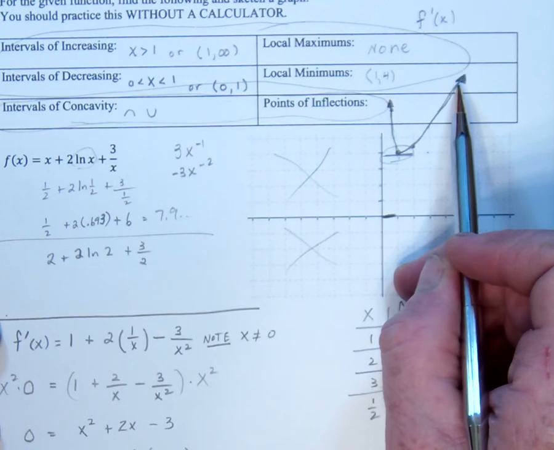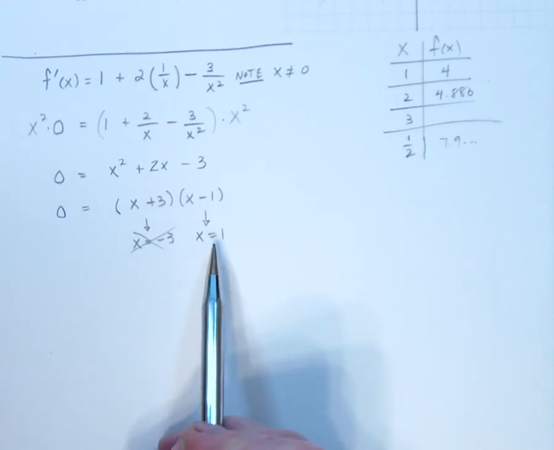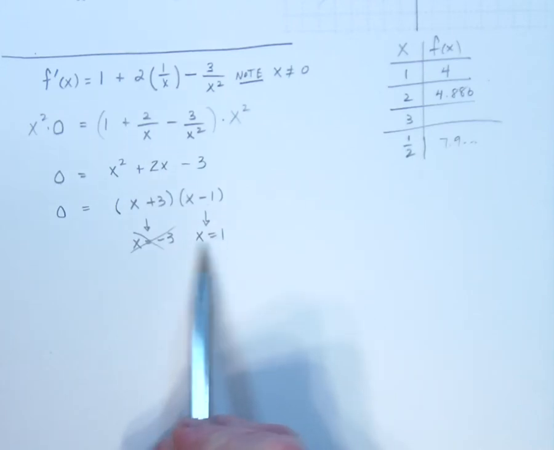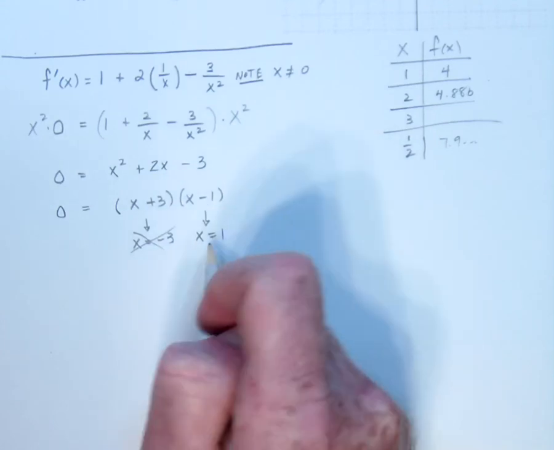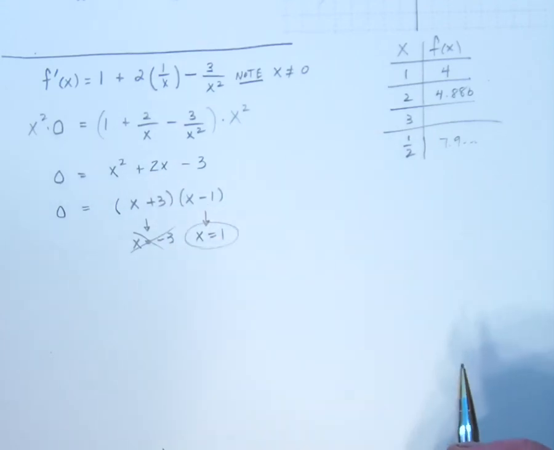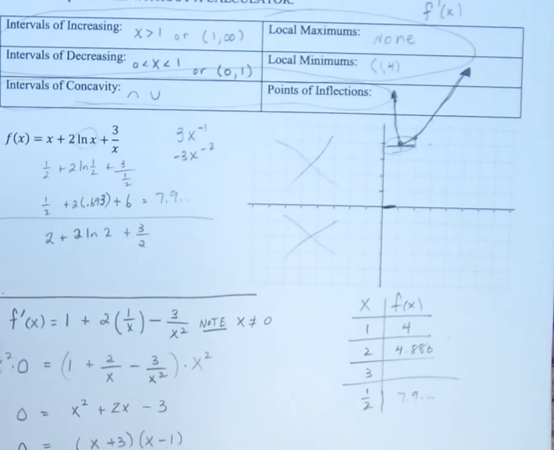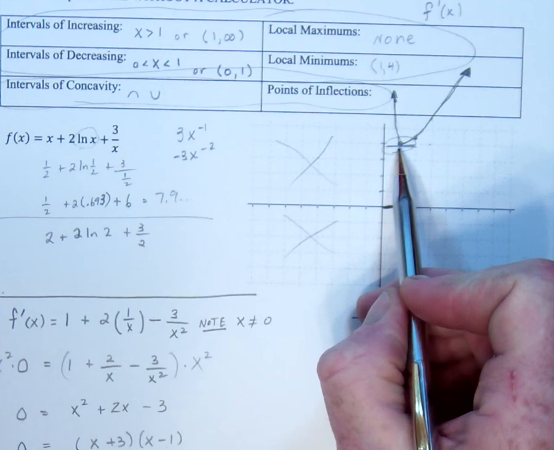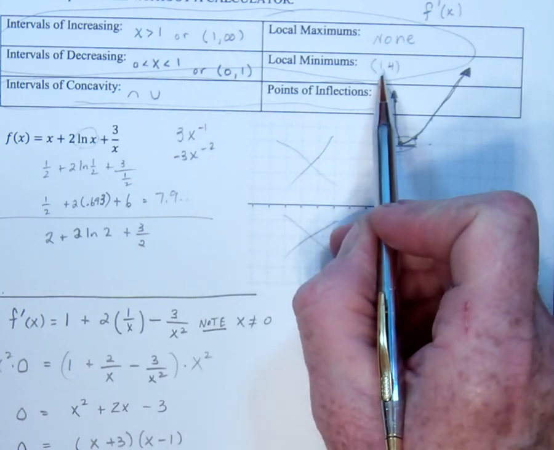I didn't even use a graphing calculator. But notice that we only found that the derivative equals 0 when x equals 1 and negative 3. The negative we have to throw out. So the only place where the derivative equals 0 is x equals 1. What that tells me about the graph is that this is correct, which means this is correct, (1, 4).